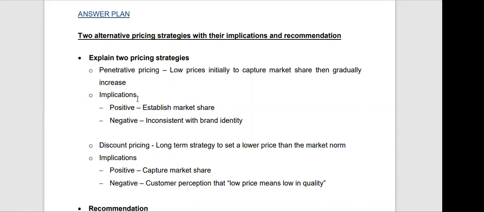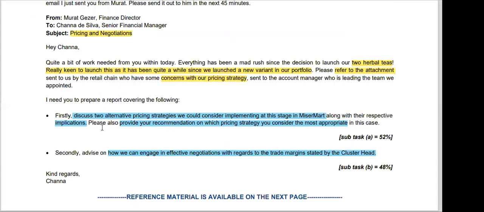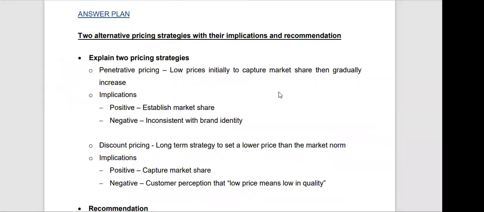And what are the implications? According to the question, you are not just supposed to talk about 2 alternative pricing strategies, you are supposed to highlight the implications of adopting these pricing strategies as well. The positive implication is we can easily establish our market share, because when our price is low, people are going to start using our product just to check it.